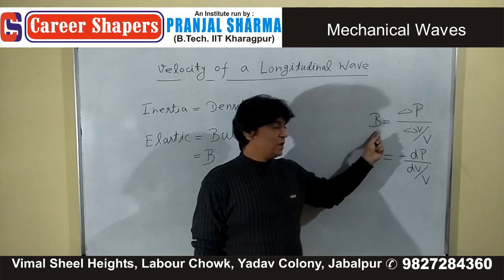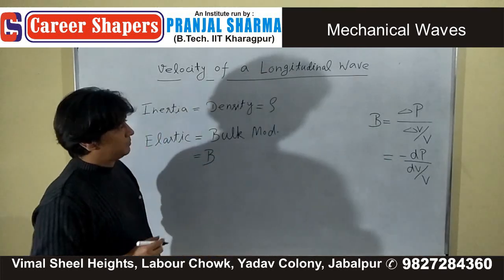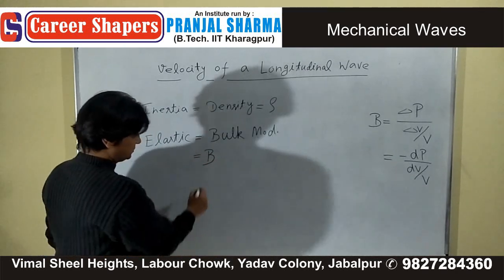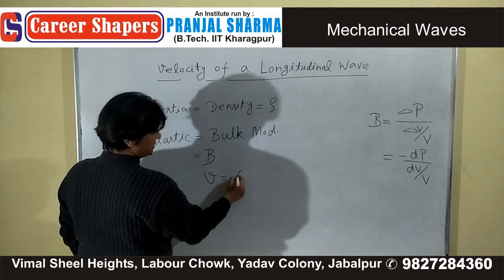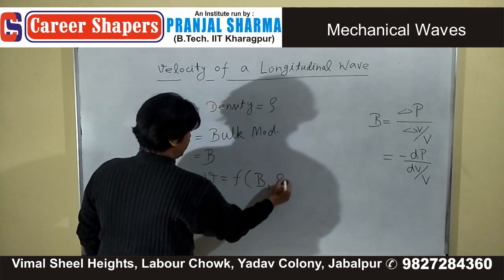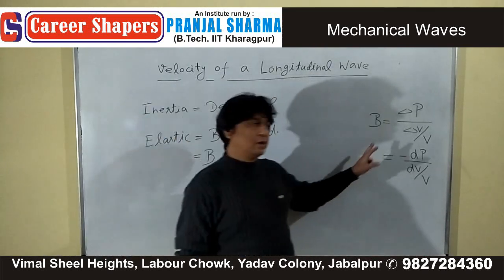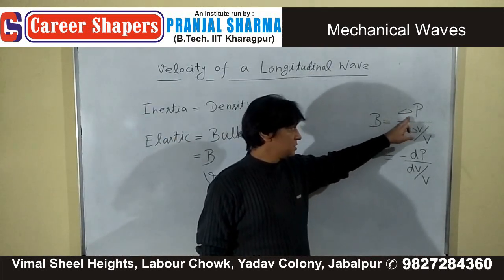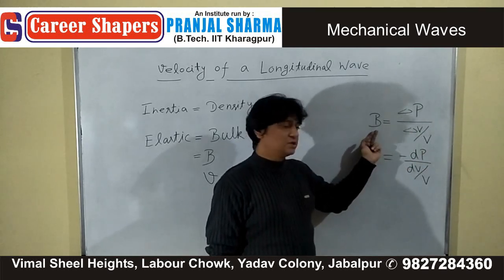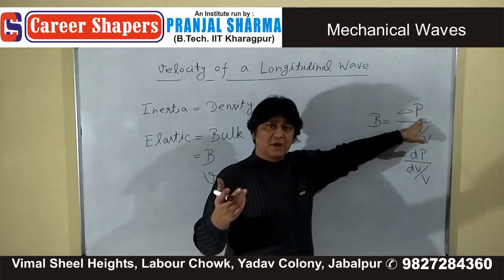Now, I'm leaving this task up to you. Again, using dimensional analysis, you will write V as a function of bulk modulus and density. You know the unit of bulk modulus. What is bulk modulus? Change in pressure. What is pressure?